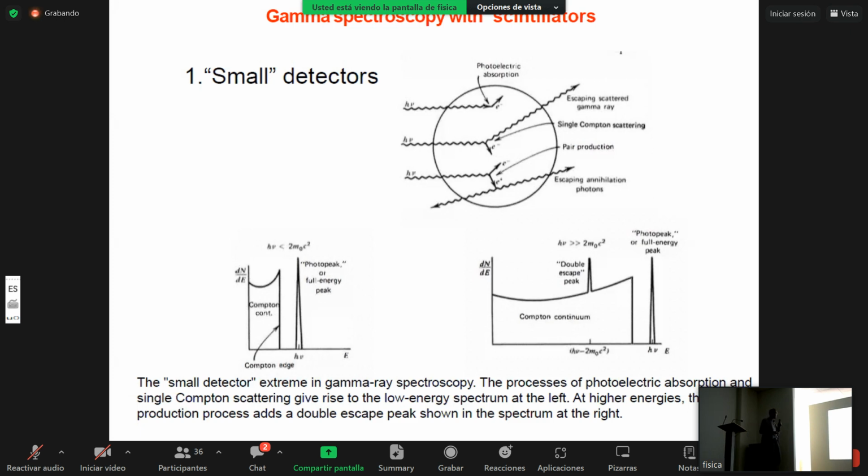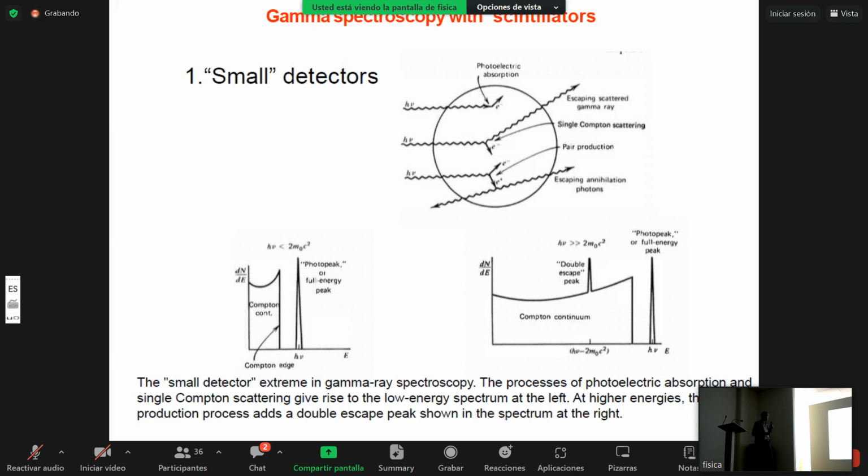And all events which involve Compton scattering are not so good for us, because they don't contribute to this peak and make our energy resolution worse than it would be.